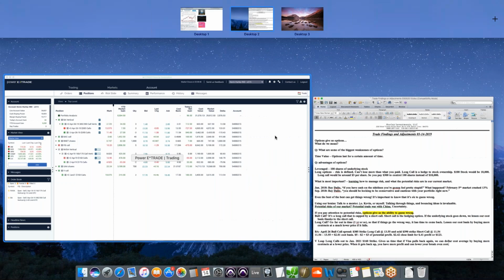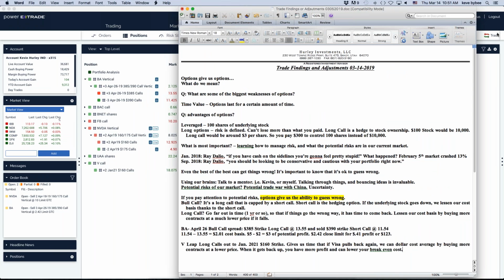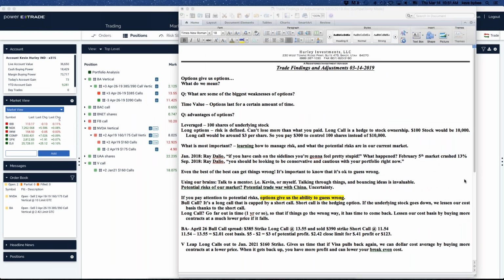All right. Sorry for babbling on so long. Are there any questions? I know I've kind of just gone off on my own, but if there's any questions on any of these, I didn't see any questions or comments come in for trades or things that you guys were looking at. Are there any questions with some of these potential trades that you could put on today and look to make some money with?